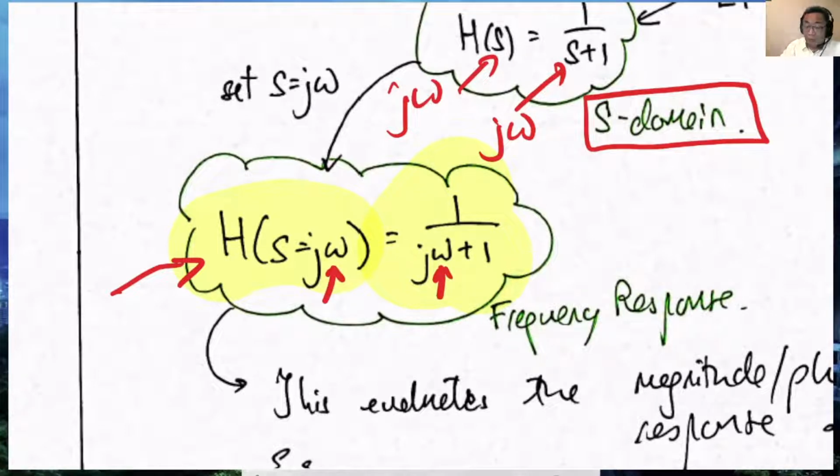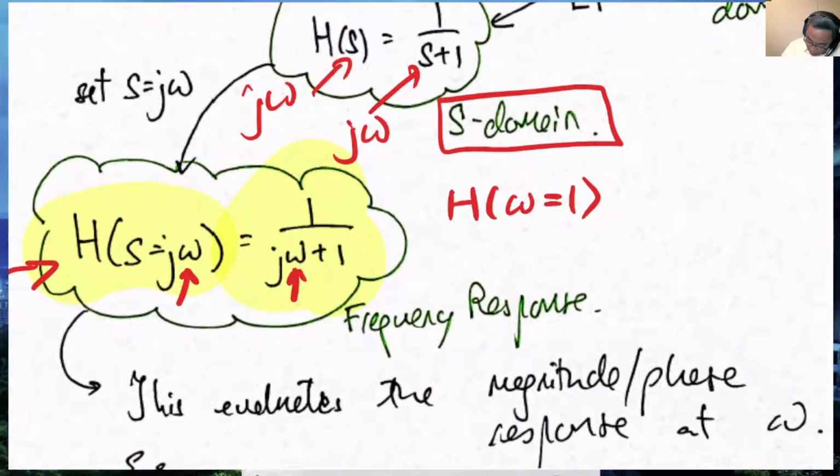So for example, you substitute ω equals 1. Then the answer is H(jω) at ω equals 1, which is 1 over (j1 + 1).